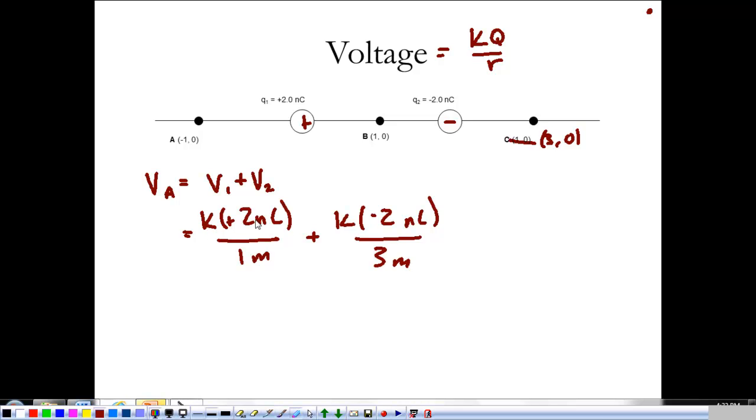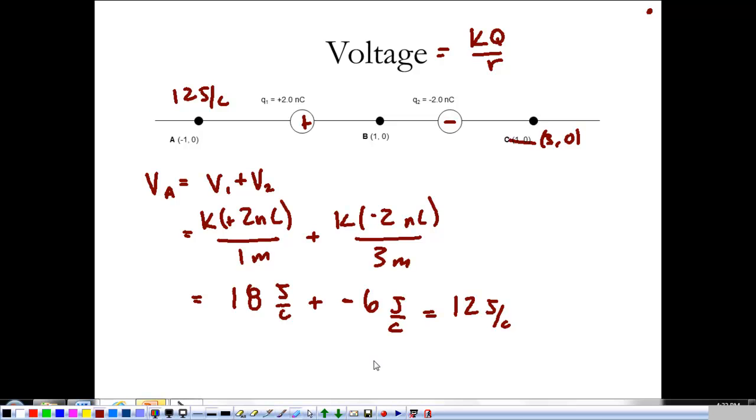9 times 10 to the 9th times 2 times 10 to the negative 9th divided by 1 is 18 joules per coulomb, plus 18 divided by 3 is 6. Negative 6 joules per coulomb, leaving me with a voltage at A of 12 joules per coulomb from both of those charges.